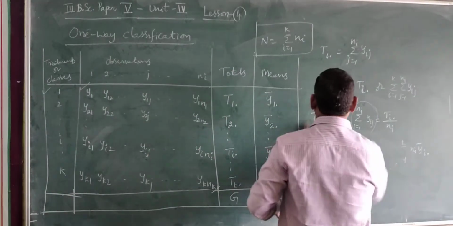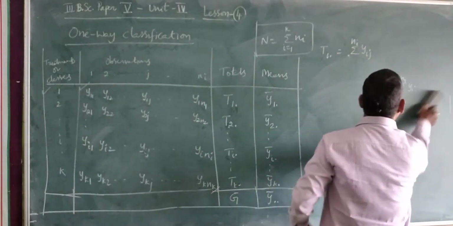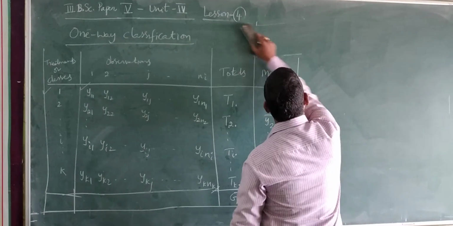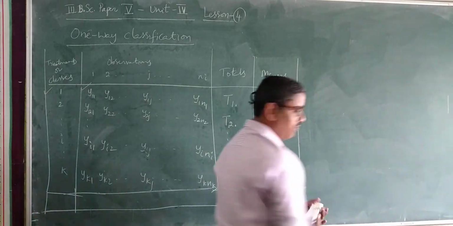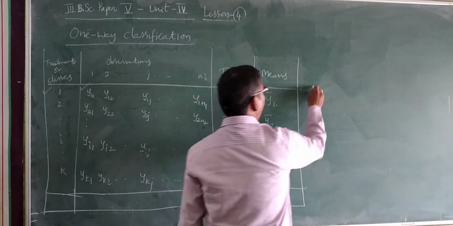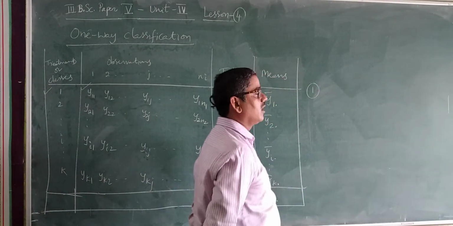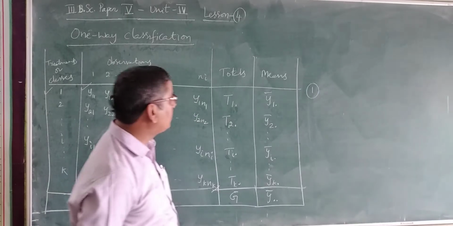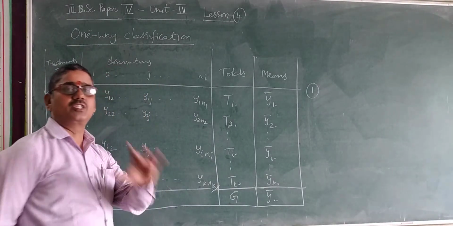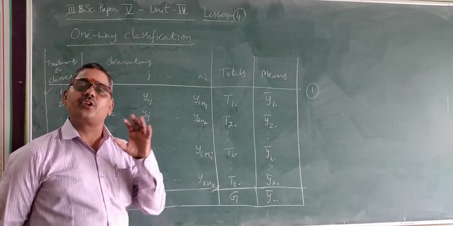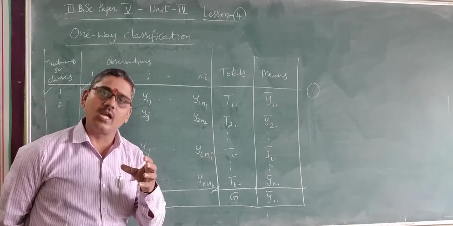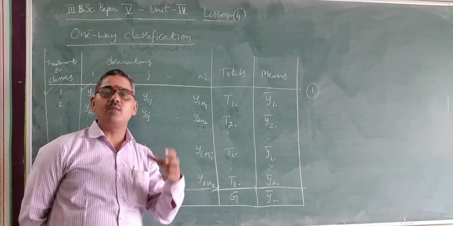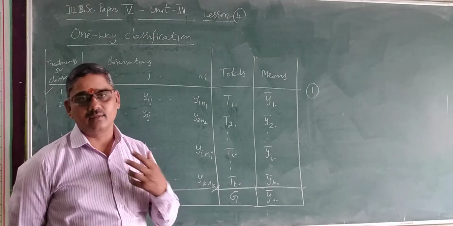Source number 1 is according to the treatments. Treatment is one particular source of variation. According to treatments, the yield may vary. Yield means the resultant.